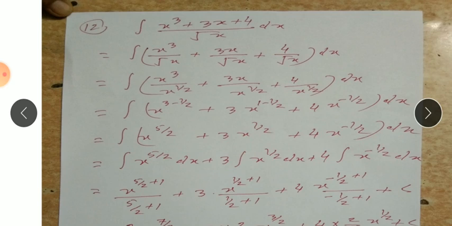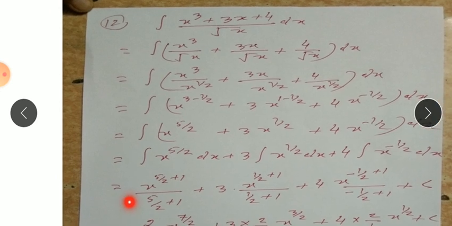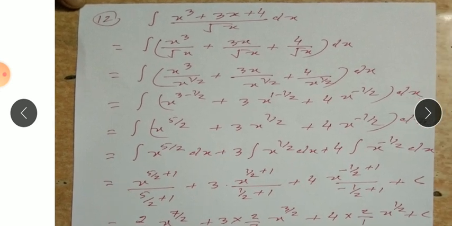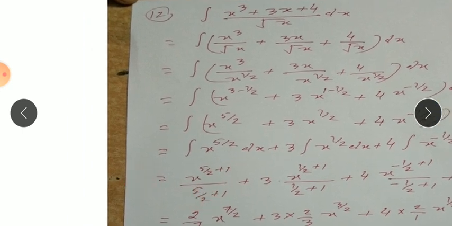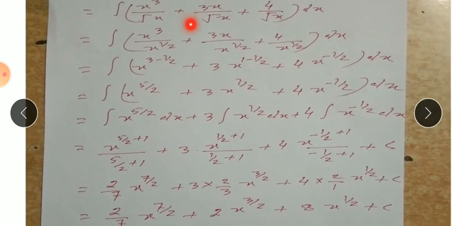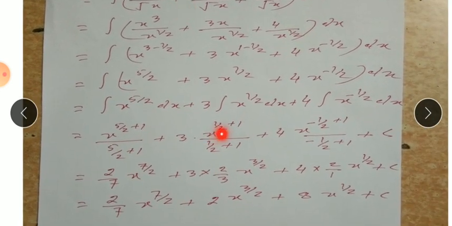Using formula integration x raised to n, that is x raised to n plus 1 upon n plus 1. See here I have written once again, separating them with integration sign. Here I have applied formula integration x raised to n is equal to x raised to n plus 1 upon n plus 1. In same way, I have applied in the second term x raised to n plus 1 upon n plus 1.